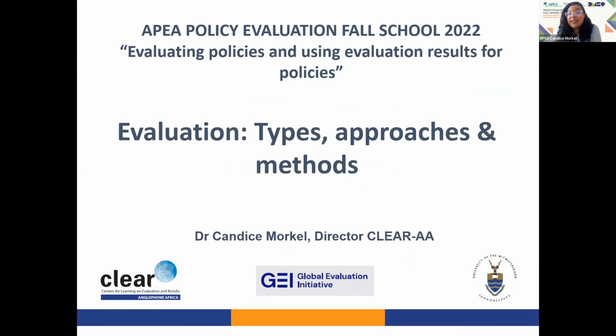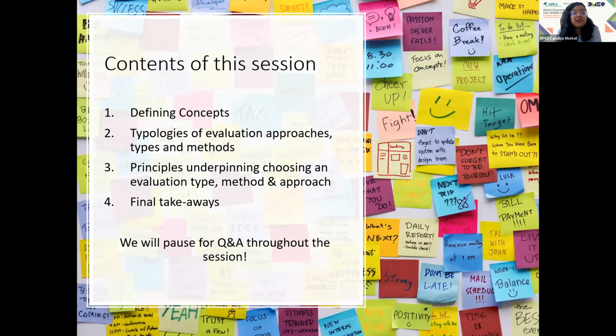And hopefully today, as we discuss the distinction between these terms, you'll have a sense of what this gray area is between them, but then also as we move towards the end of the session, have a better sense of how to distinguish between them and how to make the choices in choosing an evaluation type, approach, and method, whether you're an evaluator or a commissioner or somebody who uses evidence.